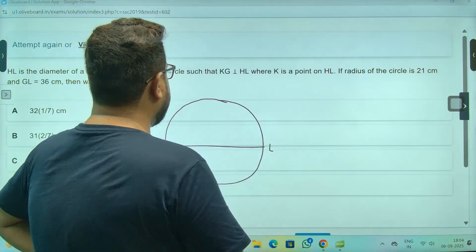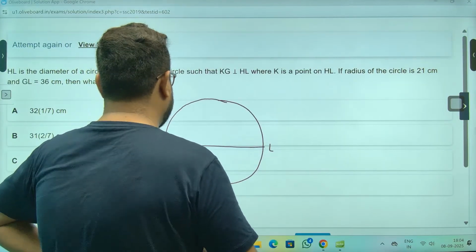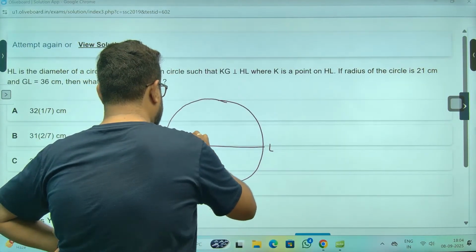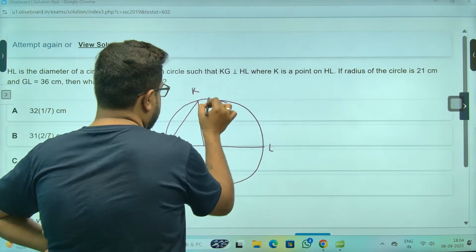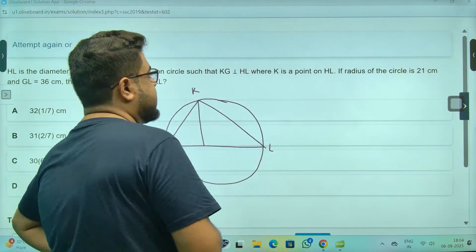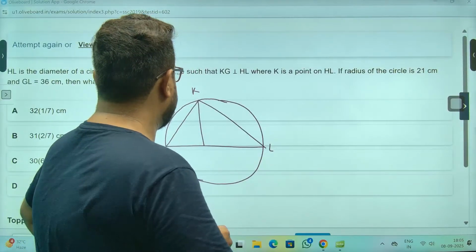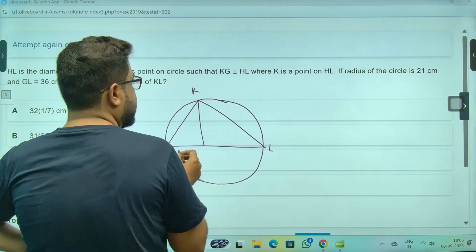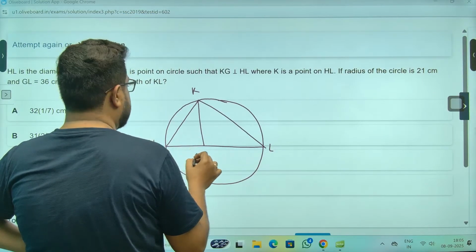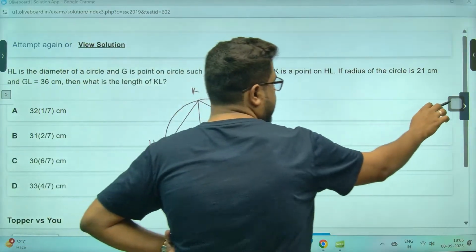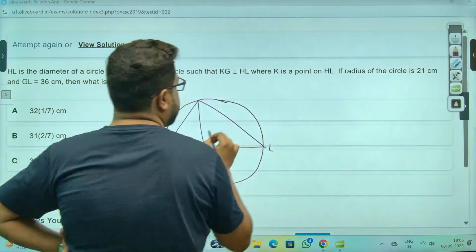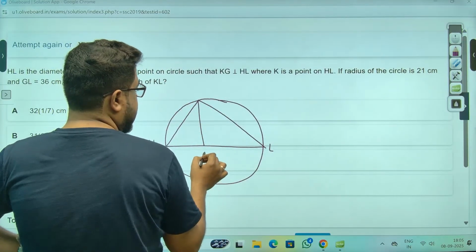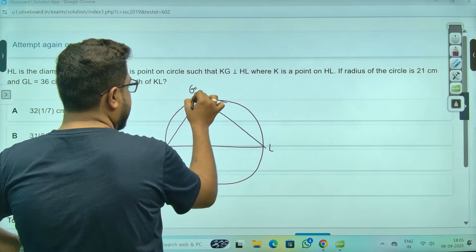G is a point that KG is perpendicular to HL. अच्छा, I got it. अच्छा, L. अच्छा, अच्छा. Sorry. This is K and this is G.